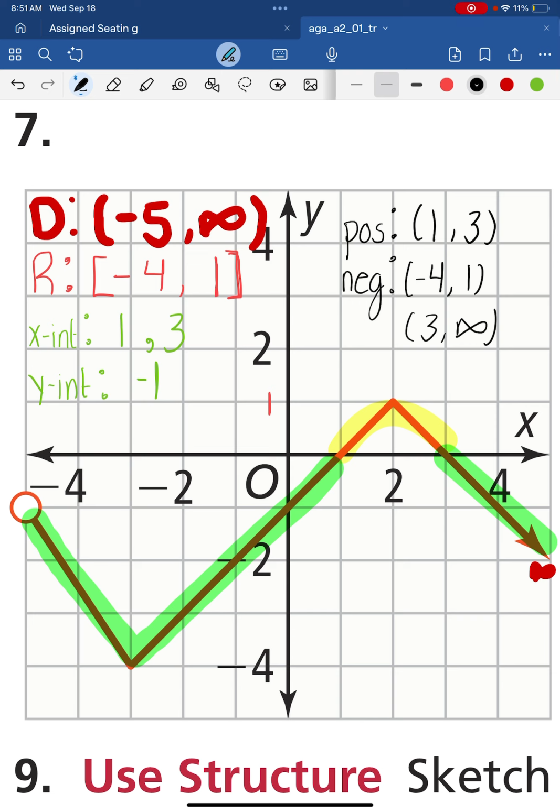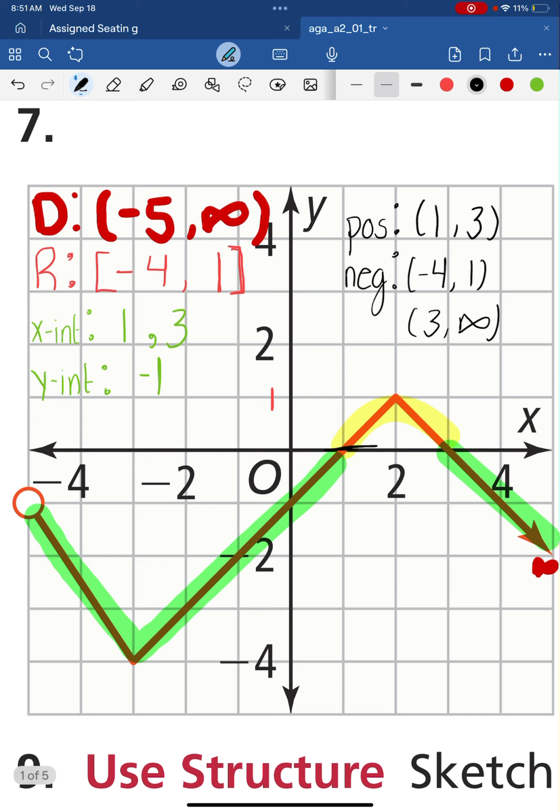I want you guys to notice how I broke the negative intervals up into two. And that's just because the negative intervals are broken up by a section of your graph that became positive.